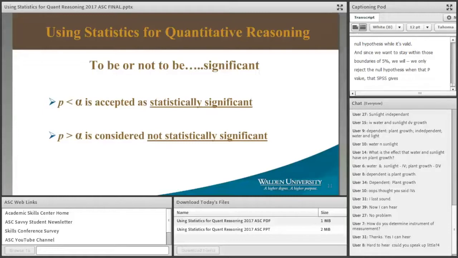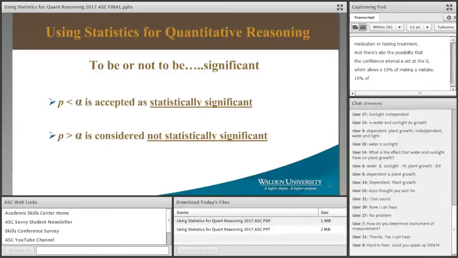There are other fields where the alpha level might be set slightly different. For instance, in the medical field, it's a bit tighter. It's set at 1%, but that's because the results of research can induce life and death decisions when you're talking about medication or testing treatment. There's also the possibility that the confidence interval is set at 90%, which allows a 10% chance of making a mistake, 10% of alpha.